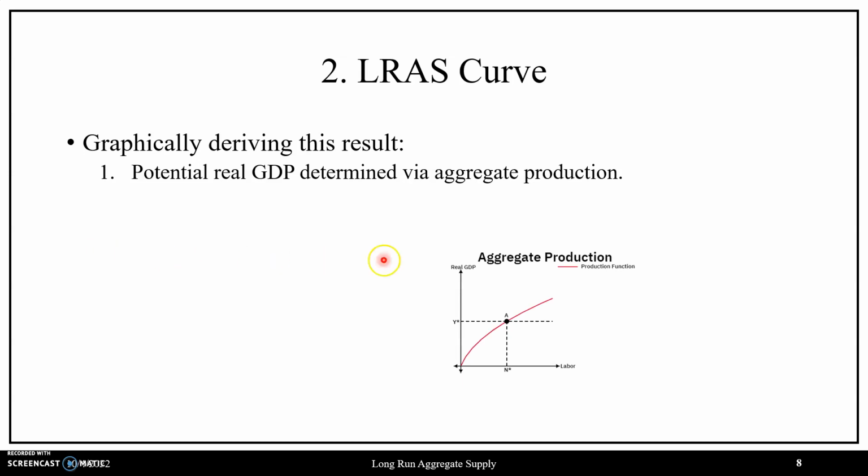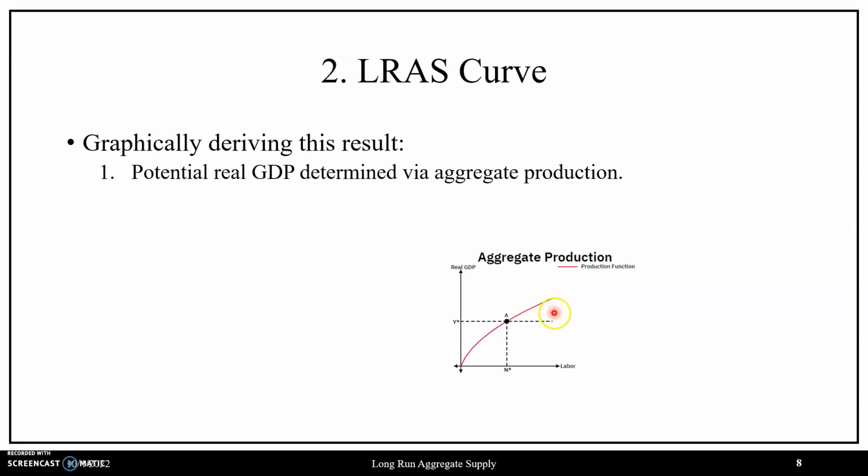So beginning with our aggregate production function, we have seen that real GDP is on the vertical axis, quantity of labor is on the horizontal axis, and in terms of the production function of an economy, it is upward sloping and concave down, where it's upward sloping indicating that more is better in terms of labor, and it is concave down to indicate diminishing marginal returns, in that more is better, but not as good as the prior unit.